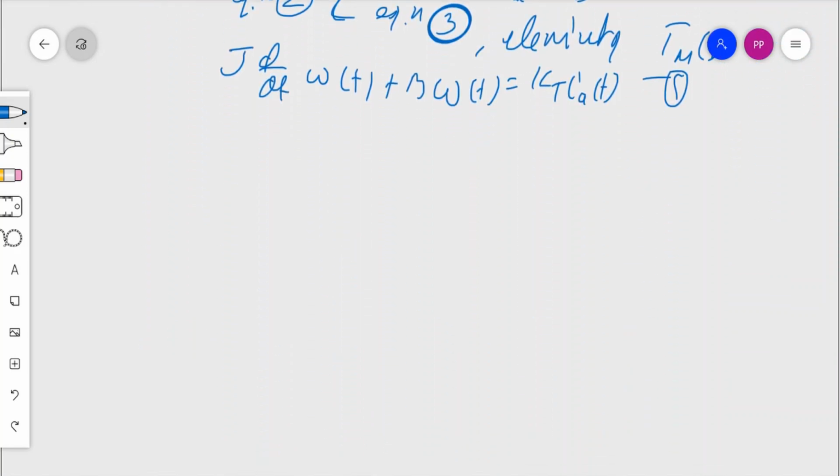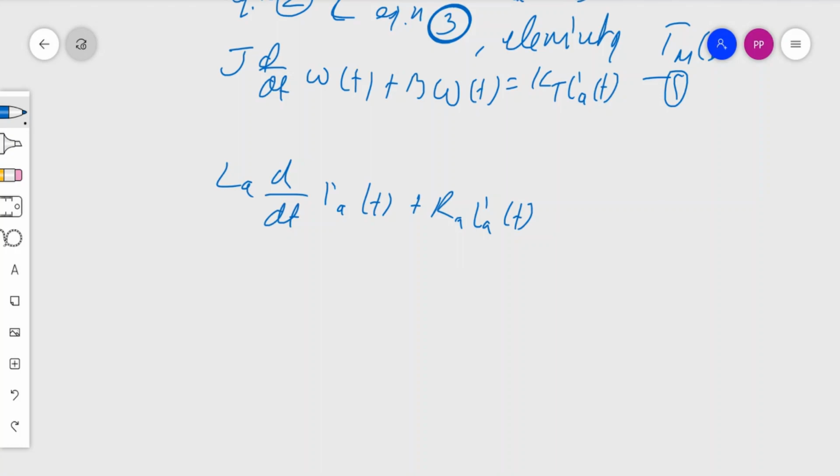So if from equation 1 and equation 4, I remove the back EMF, it should be La d by dt of Ia(t) plus Ra Ia(t) plus, with the back EMF removed, Kb omega(t), and that is equal to u(t). In the standard expression, the forcing function is on the right hand side, so I am trying to take the things to the right hand side.